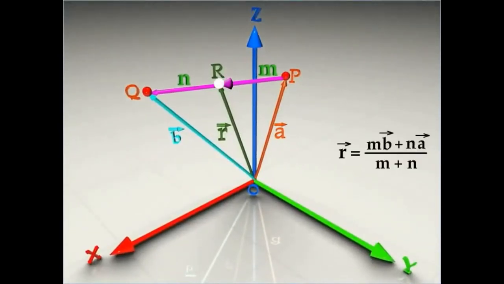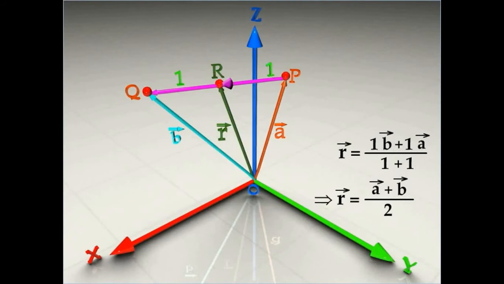If point R is the midpoint of vector PQ, then m becomes equal to n, and so you get the position vector of point R as vector A plus vector B upon 2.